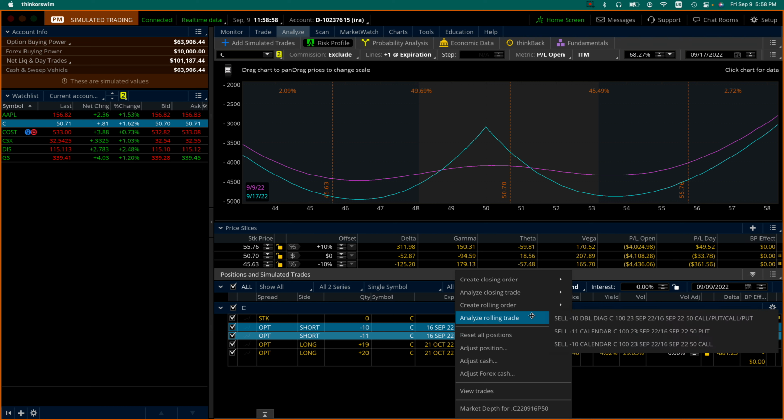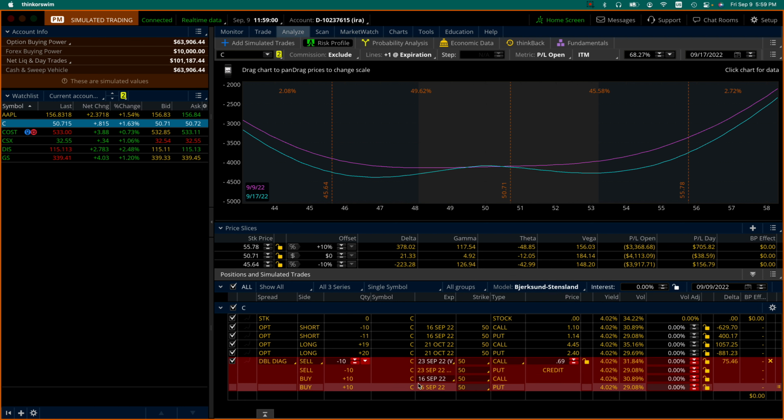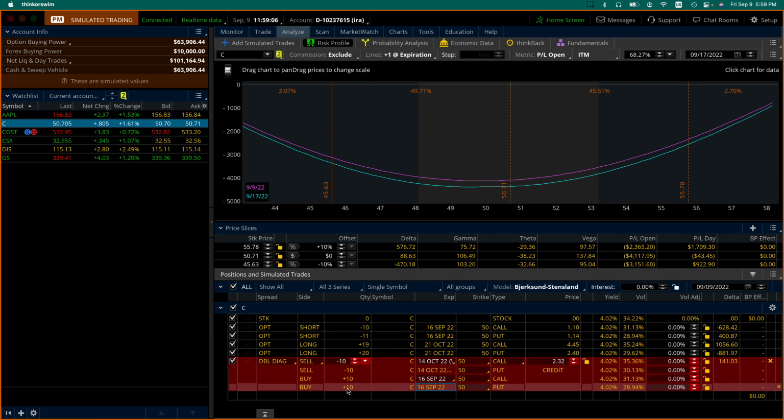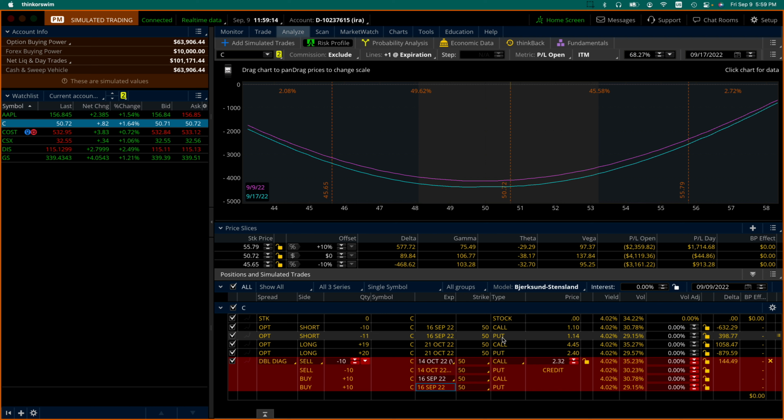Analyze rolling, and I'm going to make it double, and let's go to October the 14th. Yeah, that's perfect. That's exactly what I want. And you can see that I have more puts here. Well, this put 50 is close to nothing. So we can get rid of the one short put here, or we can just add it here.